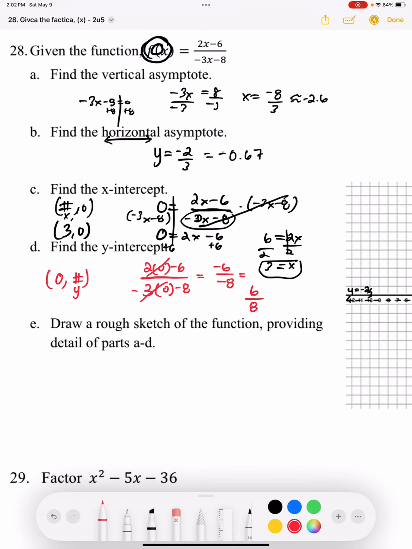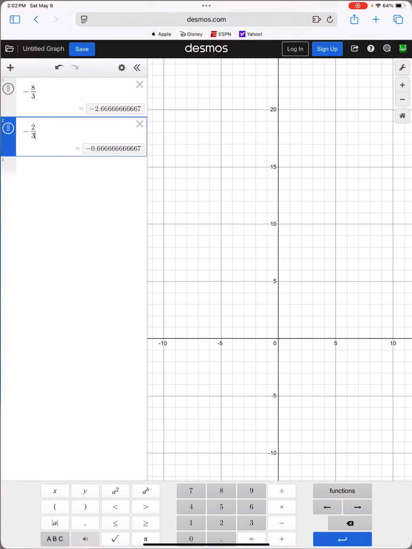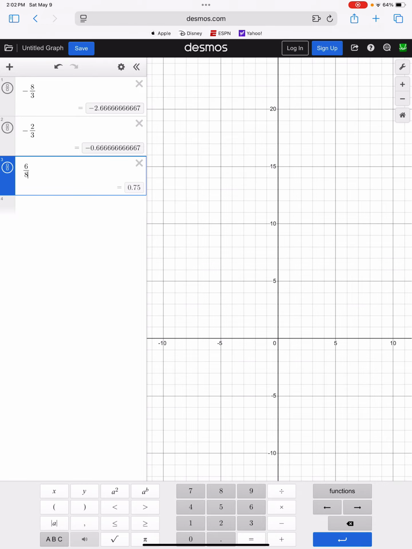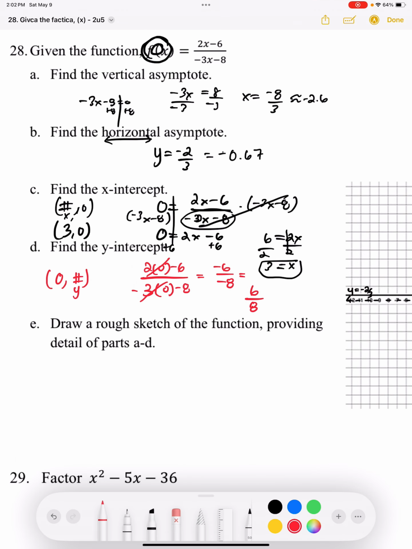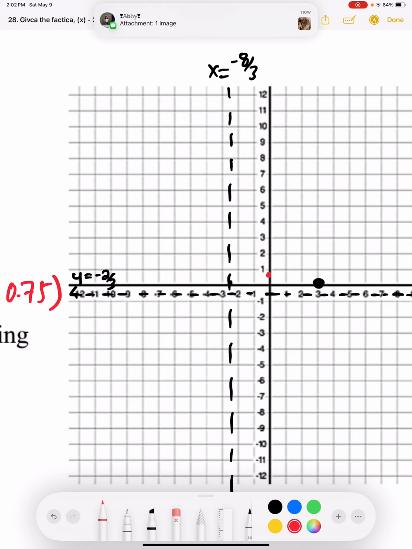So it's really 6 over 8. How much is 6 divided by 8 as a decimal? 0.75. So that is our y-intercept, 0, 0.75. So if you graph it, it should be really close to 1, right about there.